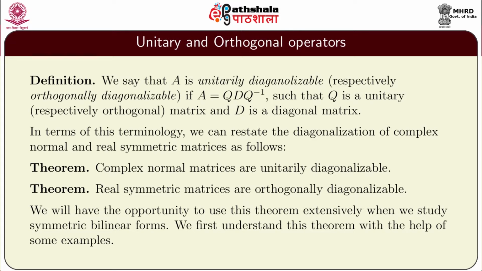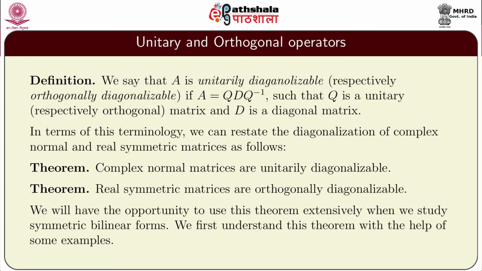Definition: we say that A is unitarily diagonalizable, respectively orthogonally diagonalizable, if A can be written as Q D Q inverse such that Q is unitary, respectively orthogonal, and D is diagonal.